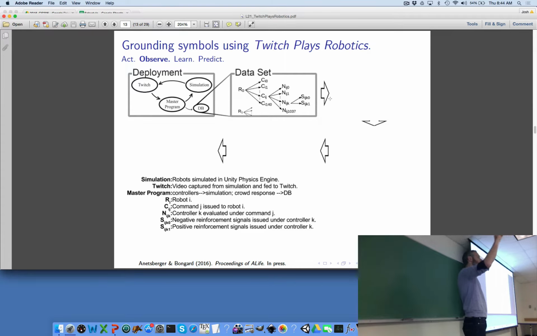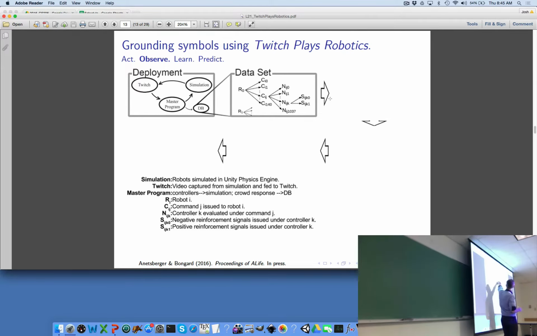If while jump was the command during that 5 minutes, two people typed in forward and one person typed in jump, then forward would be the command that we were trying to teach the robot for the following 5 minutes. So every hour the robot changes, and every 5 minutes the command changes.